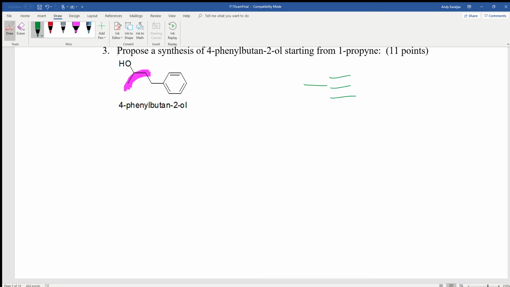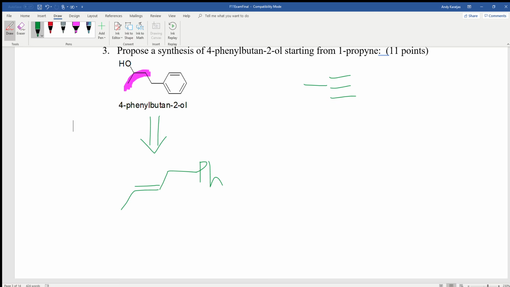But if we work backwards, we know that we can make an alcohol from an alkene. Specifically an alkene that looks like this.